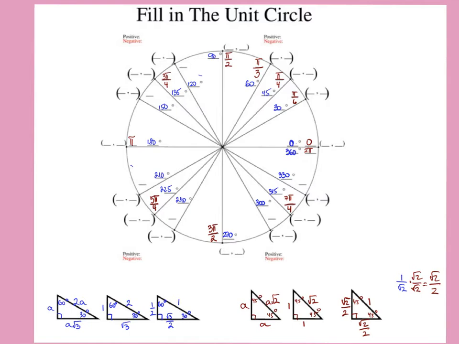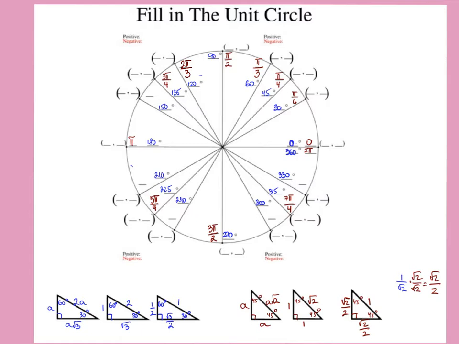Then here on the next one, which is 90 degrees, is going to be 3 pi over 6, which is pi over 2. So then here on 120, we'll have 4 pi over 6, which is 2 pi over 3 if we reduce. So that's 2 pi over 3.